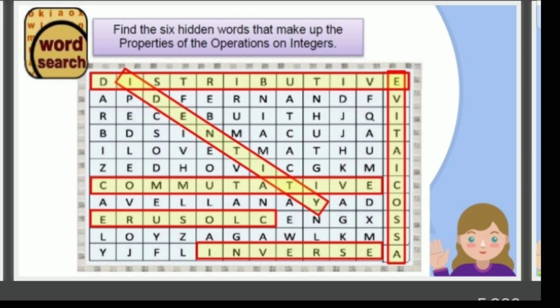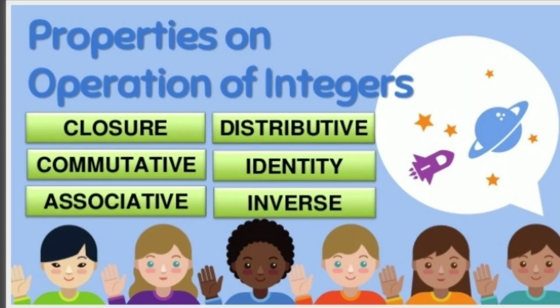There are 3 more horizontal lines: commutative, closure, inverse. From down to up, associative. Next there is a cross line, that is identity. Do this without looking, and you will feel better remembering these properties. These are the properties and operations of integers: closure, distributive, commutative, identity, associative and inverse.